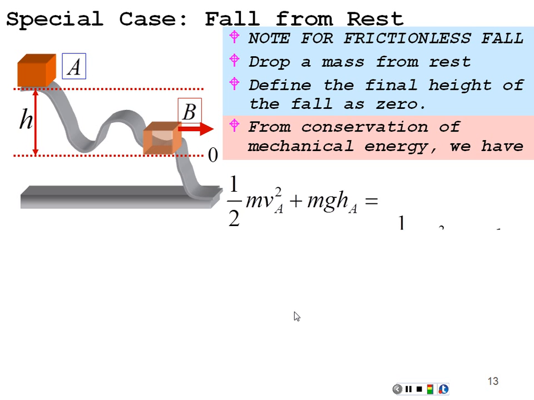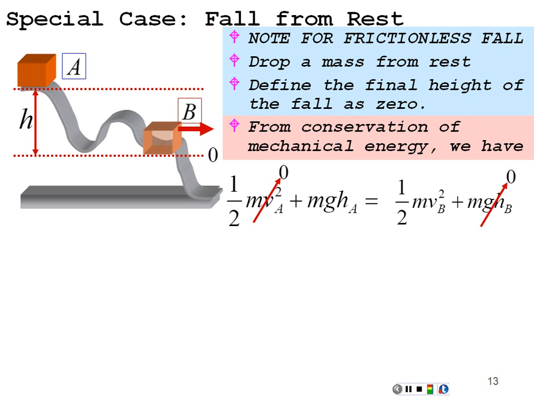We have our conservation of energy, kinetic energy at A plus potential energy at A equals kinetic energy at B plus potential energy at B. In this case, we're going to start from rest at A, and so our velocity at A will be 0, that term will be 0, and we're going to set our height at B to be 0 because that's our lower height.